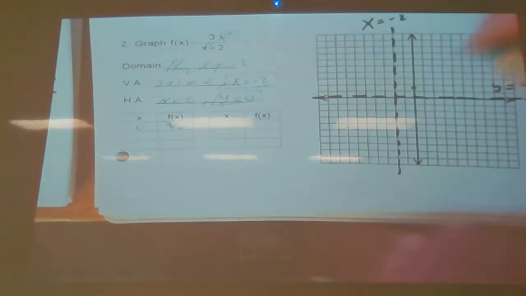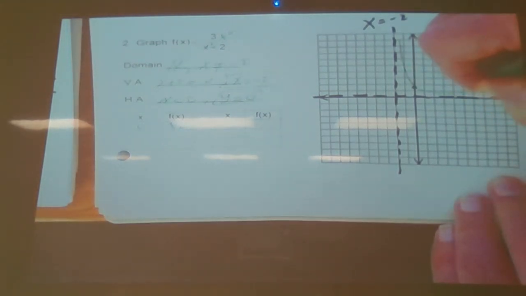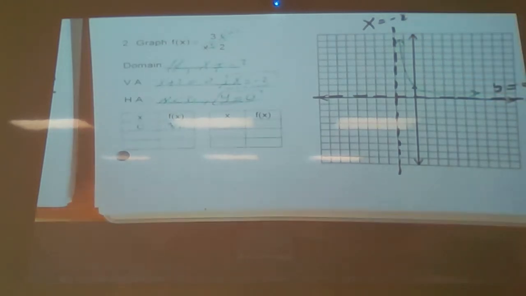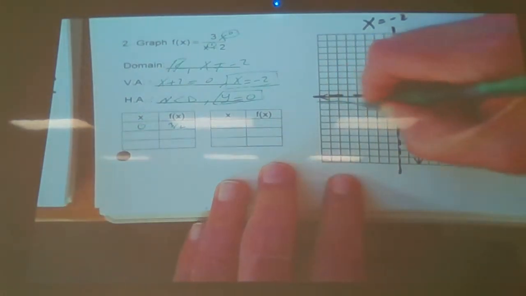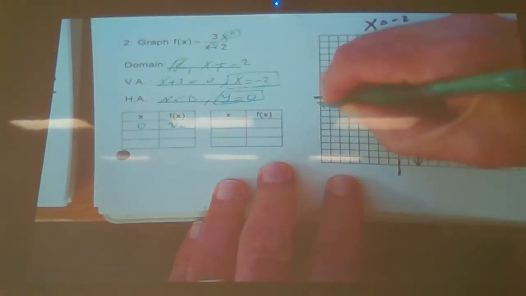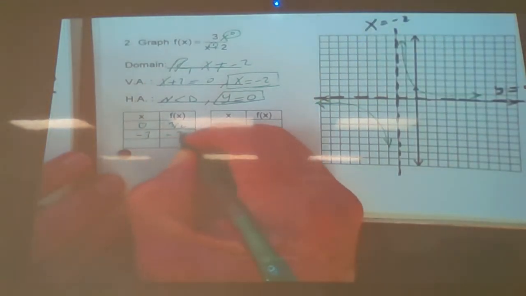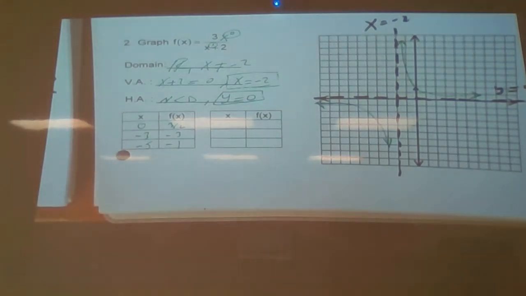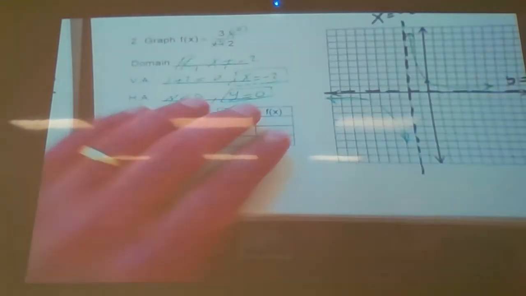So I know one piece of the graph is going to be right here, and the other piece turned out to be down here. You can plug in some numbers. X equals -3, y is -3; x equals -5, y is -1, and you figure out where the graph is going to be, which quadrant.